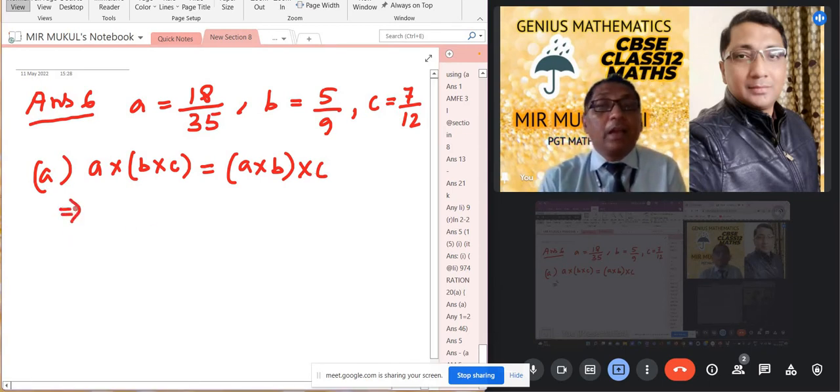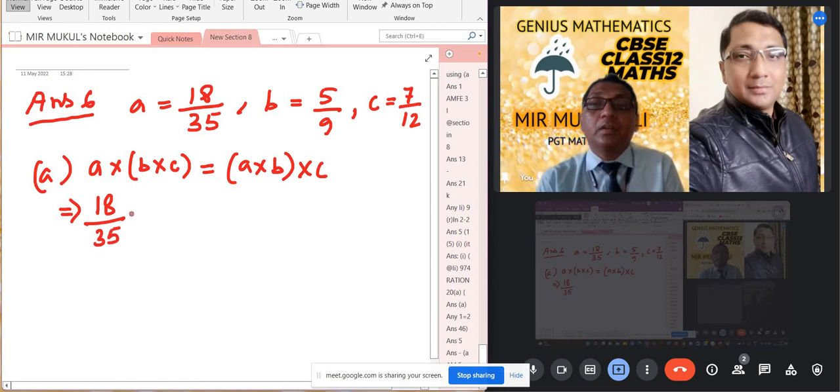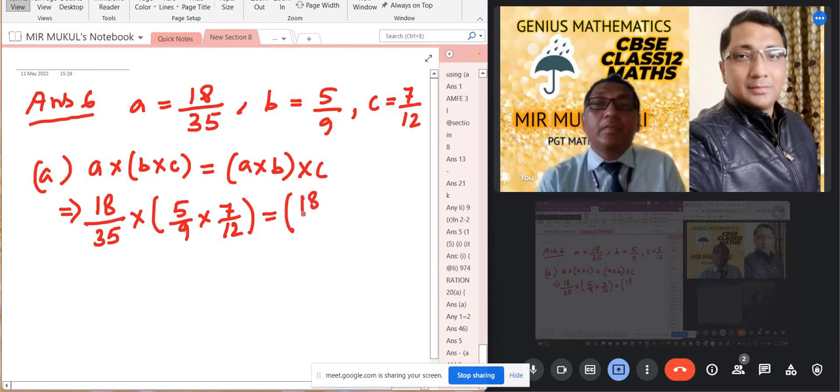So now put the value of A. That is 18 by 35 into 5 by 9 into 7 by 12. Here A is 18 by 35, B is 5 by 9, bracket 7 by 12.